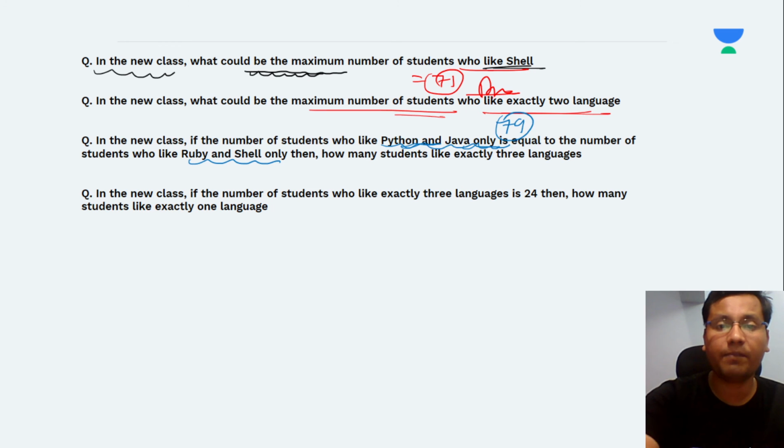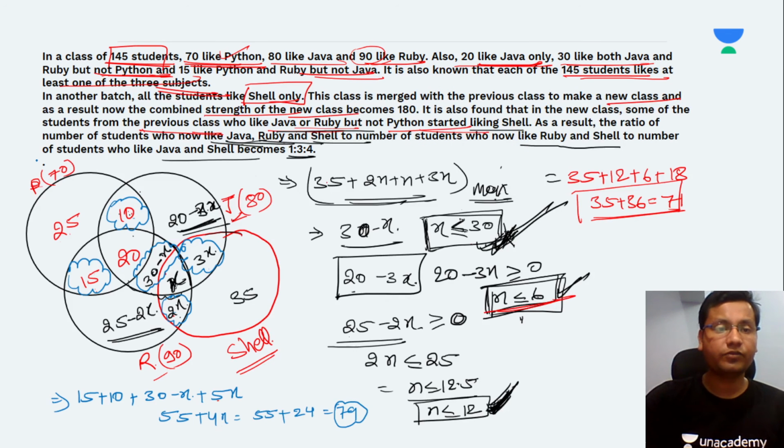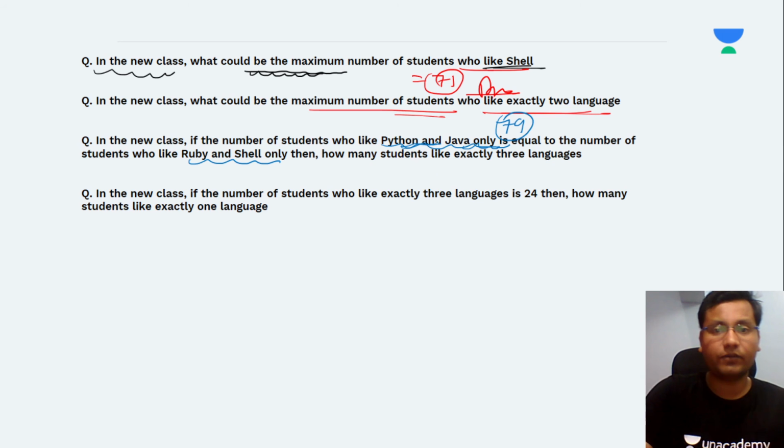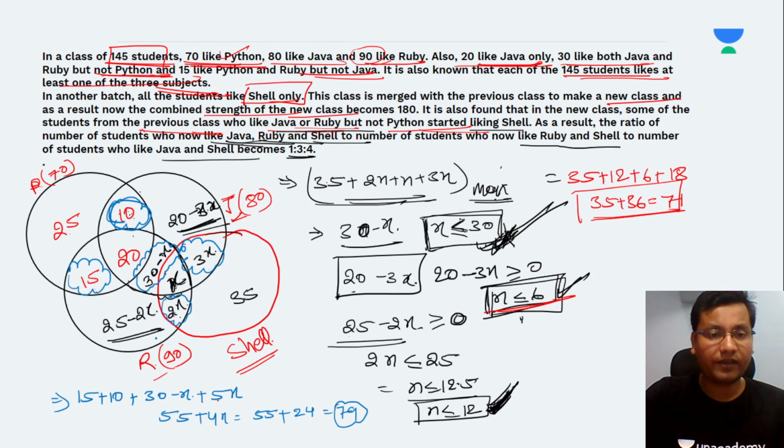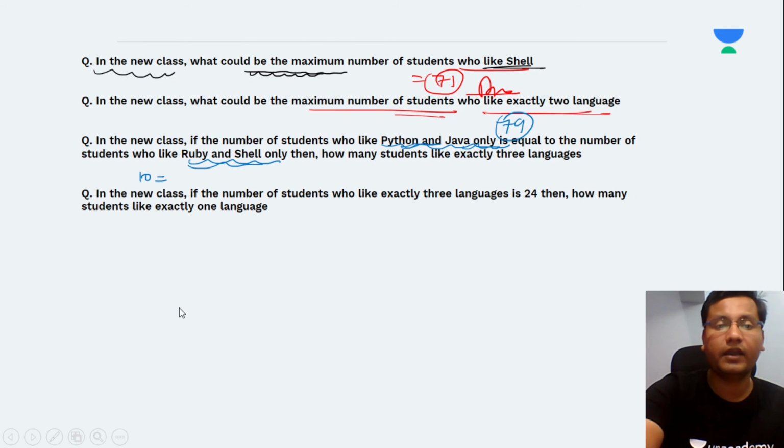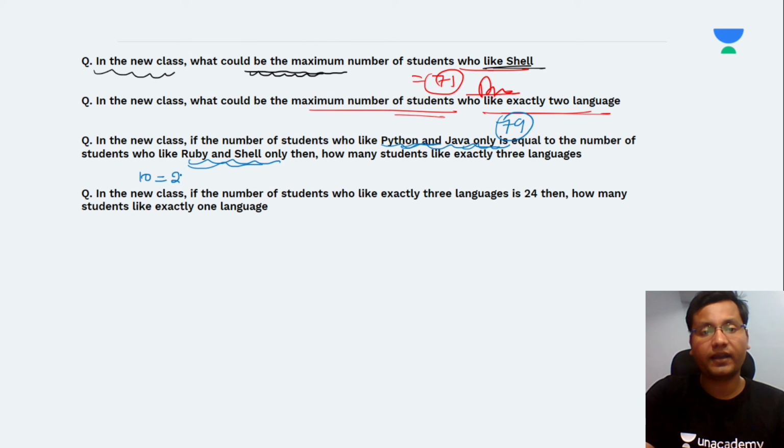Only Python and Java is 10 students, so 10 is equal to the number of students who like Ruby and Shell only. That is equal to 2x. So 10 is equal to 2x, so x is equal to 5. Now what is asked in the question?